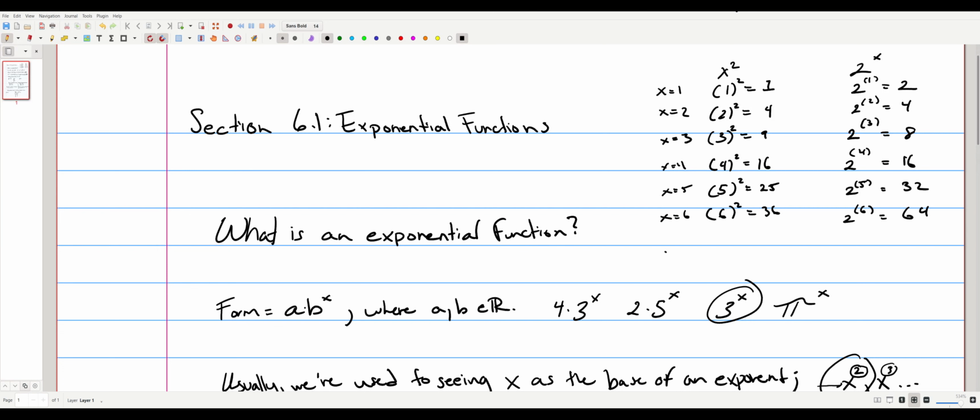And I'm going to skip a few numbers and let's say x equals 10. That's going to give us 10 squared, which is 100.